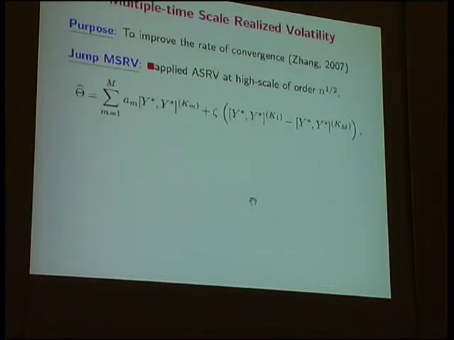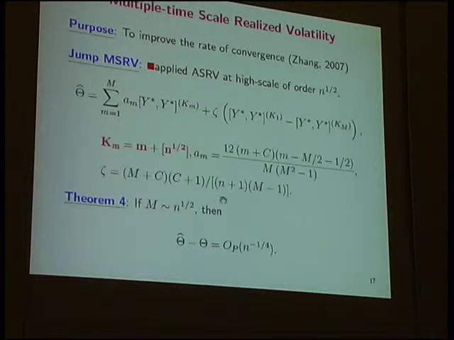And now after you do jump removal, you could also apply the multi-scale realized volatility, which is really a linear combination of subsampling estimators at different scales. I know there was a typo I corrected last night, so this is probably different from your notes.